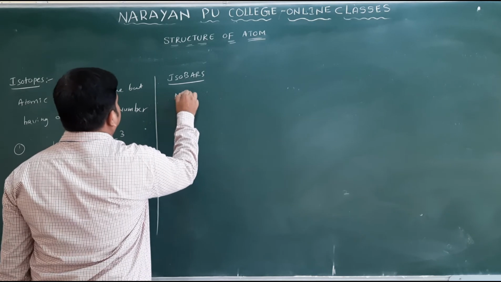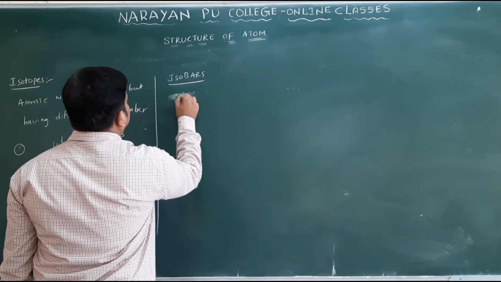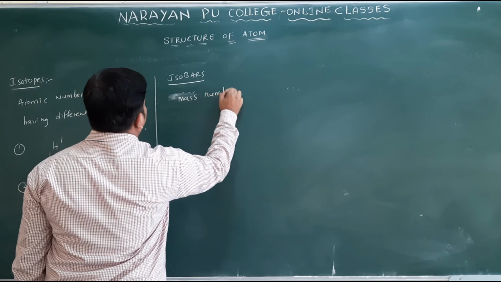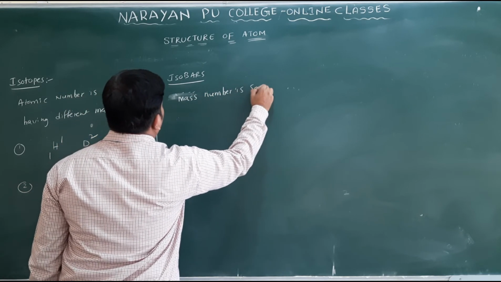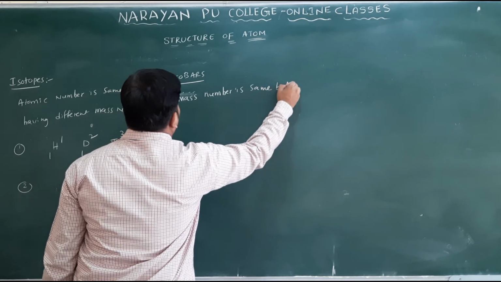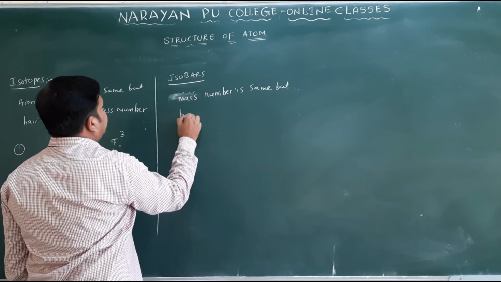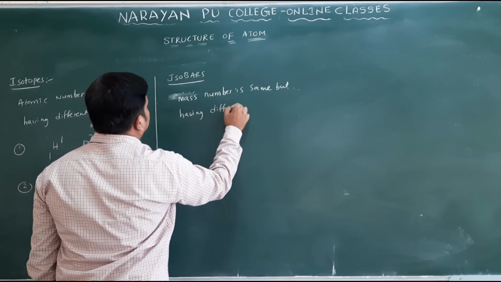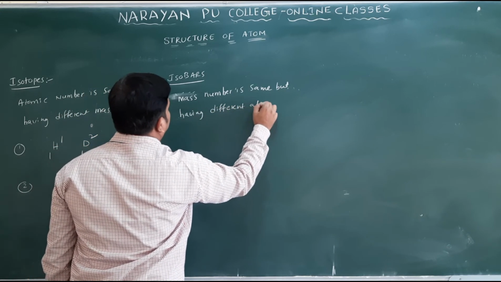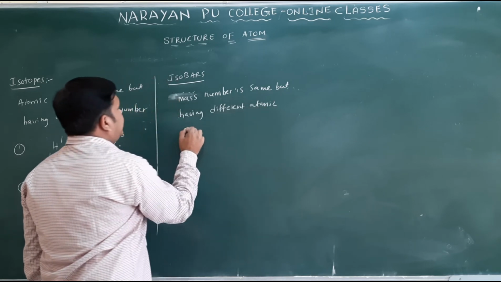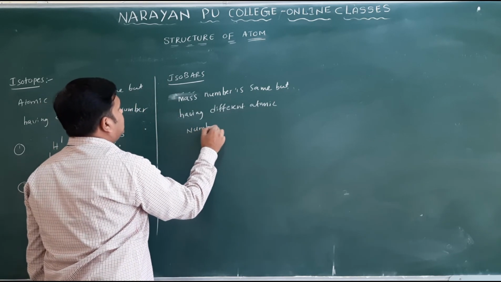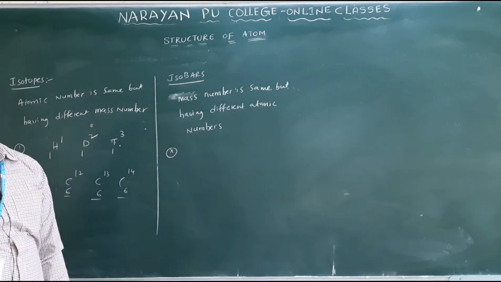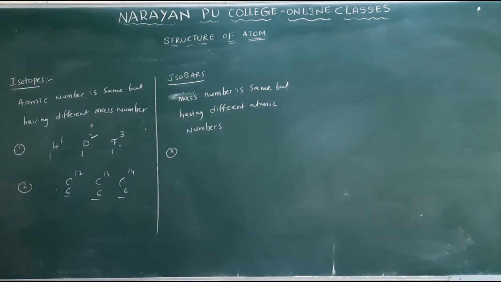Mass number is the same but having different atomic numbers only. So these are called isobars only. We have different examples.